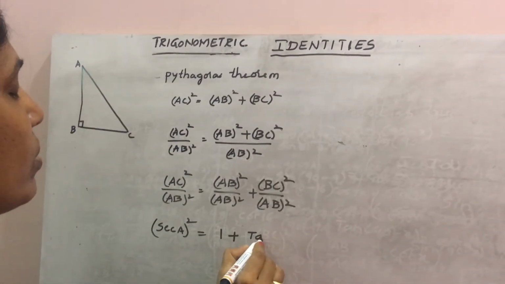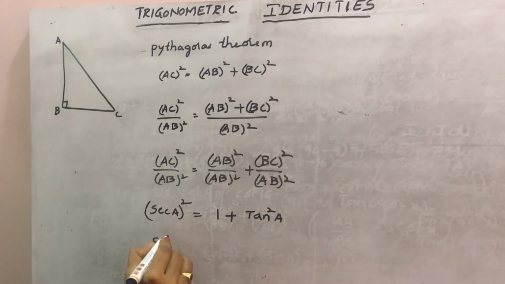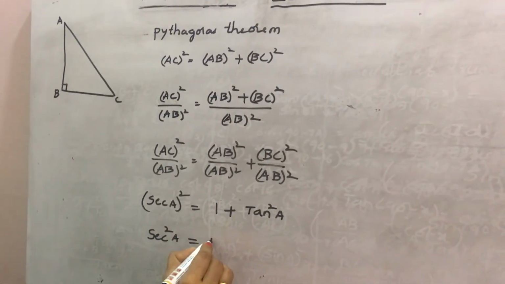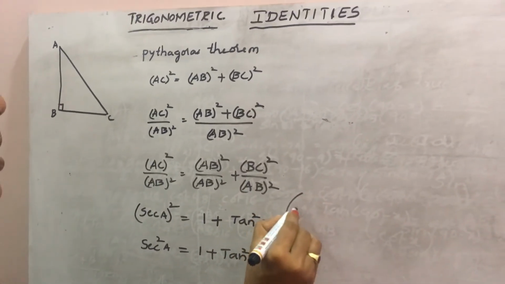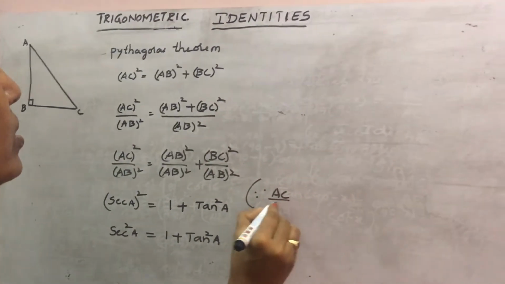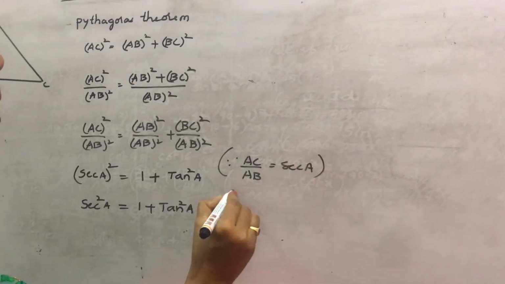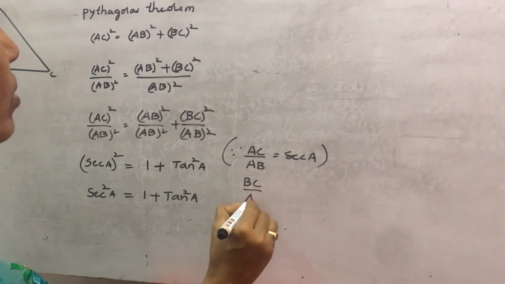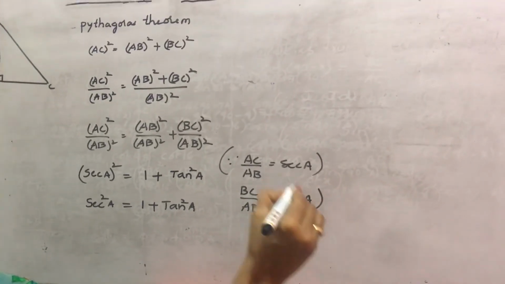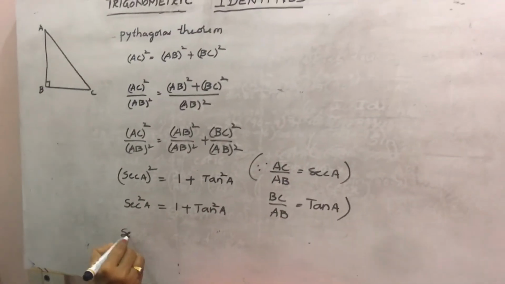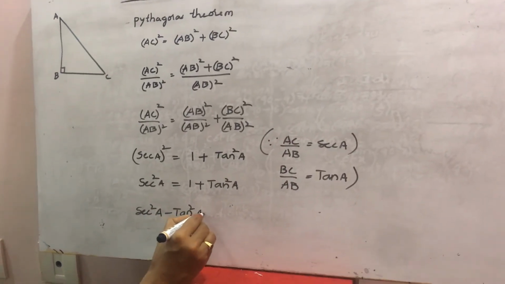By the definition, we can write tan square A. Sec A whole square, we can write sec square A is equal to 1 plus tan square A. Since AC by AB is equal to, we know, sec A, and BC by AB is equal to, we know, tan A. See here, this can be written as sec square A minus tan square A is equal to 1.